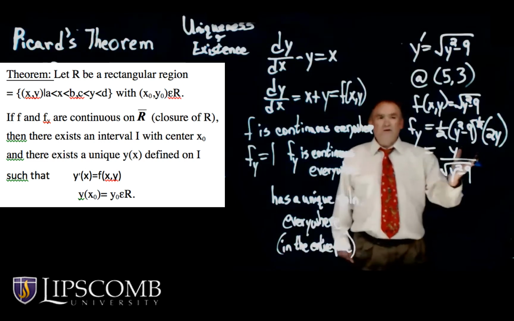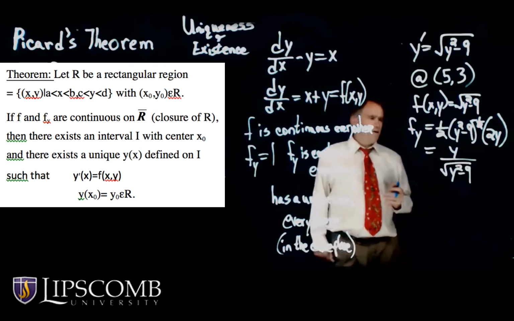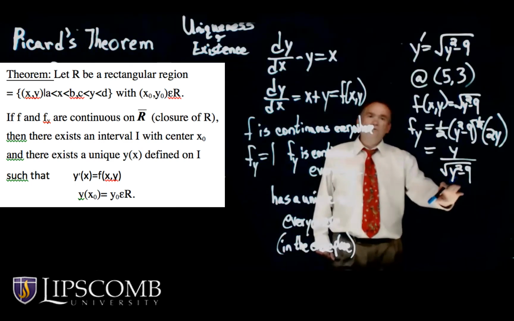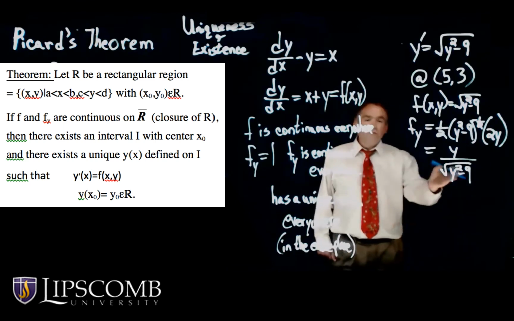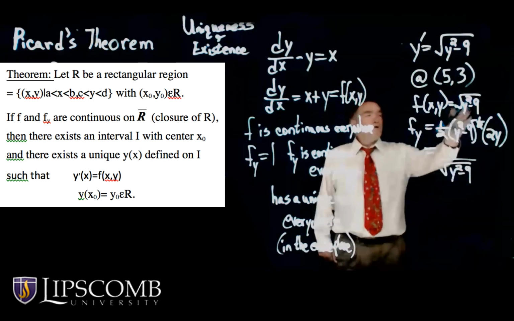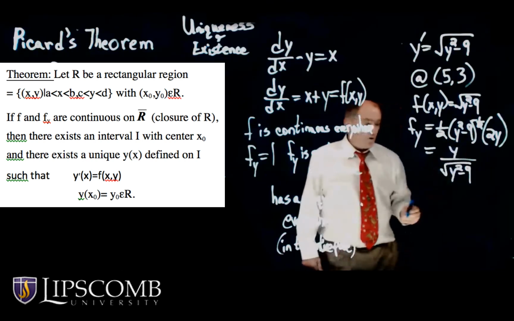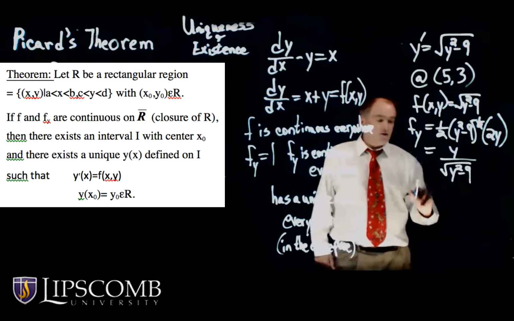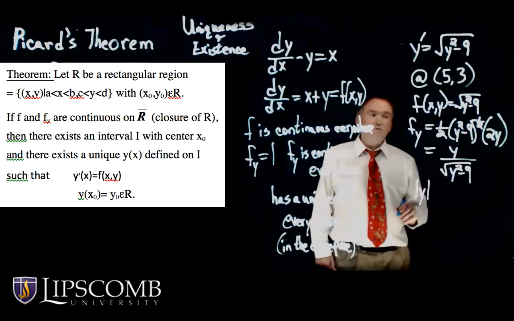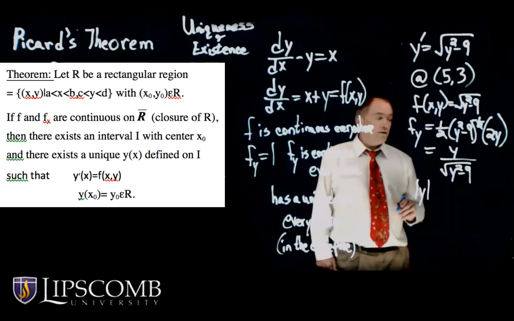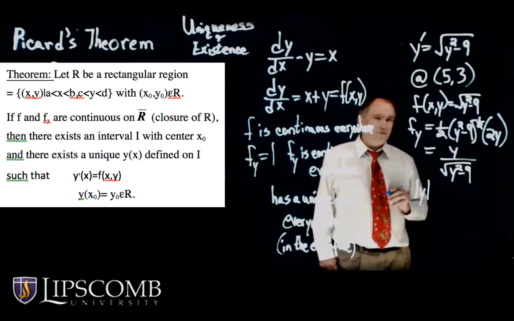So now that I look at this, do I have troubles? Yes, I have troubles with this y squared minus 9, not only in the partial, but also in the function itself. If you look, where is this continuous? Well, it's only continuous when the absolute value of y is greater than 3.